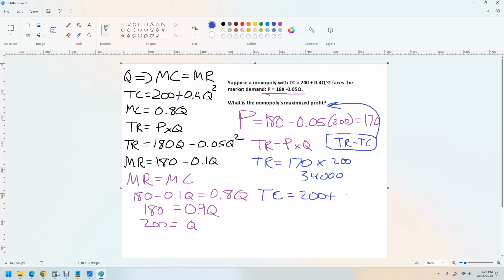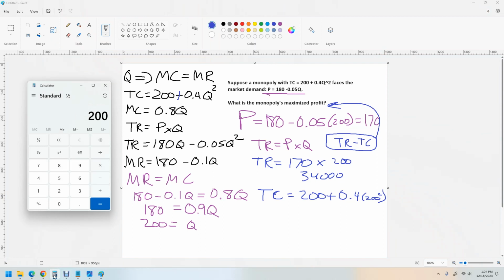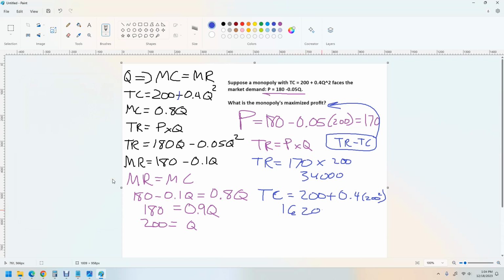Anyhow, so then 0.4 times 200 squared. 200 squared times 0.4 is 16,000, plus 200. That is 16,200. That's our total cost, 16,200.